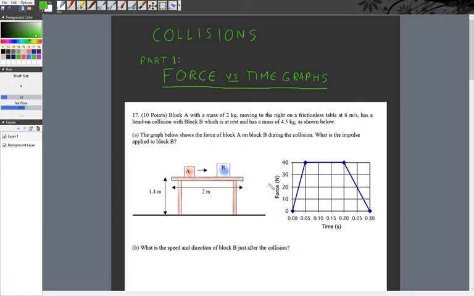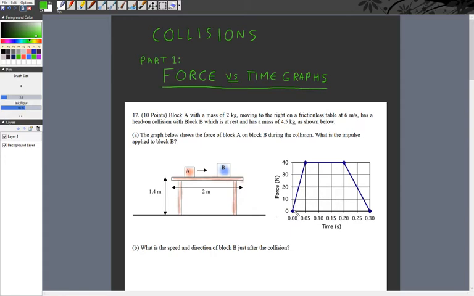So without even reading the problem, let's think about what's happening here. Block A is going to hit block B, and the force is going to be zero up until the instant they touch. Once they touch, at a microscopic level, block B is going to be compressed like a spring, just a tiny amount.